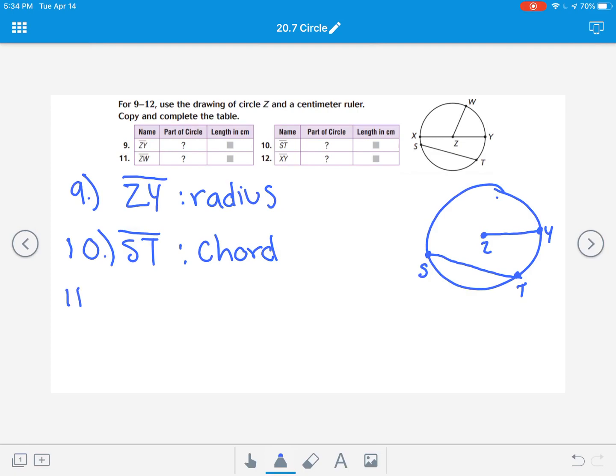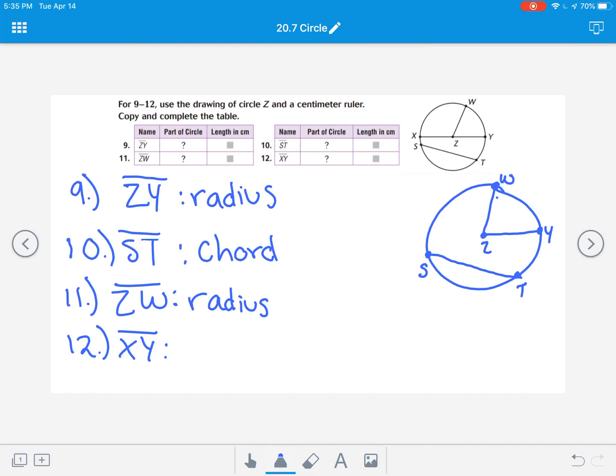Number 11 is line segment ZW. Here we have line segment ZW coming up like this. Do you notice that one point is the center and the other is on the edge? Do you remember what that's called? That's called the radius. All right, and number 12, XY.